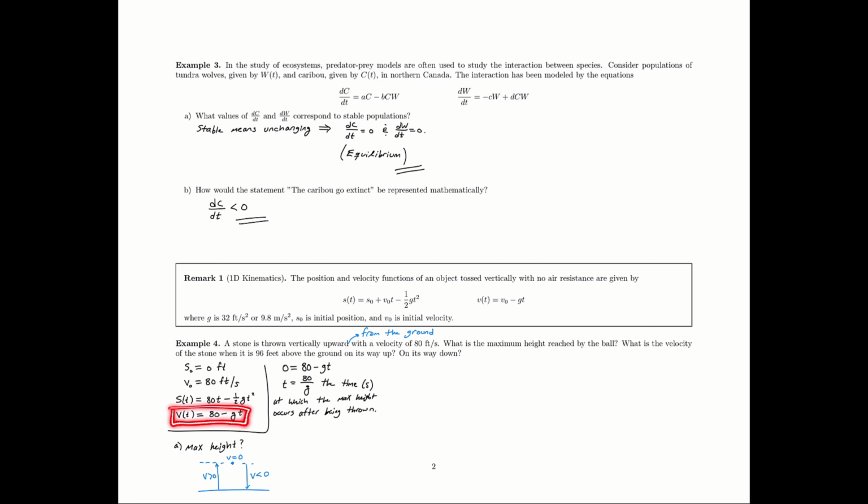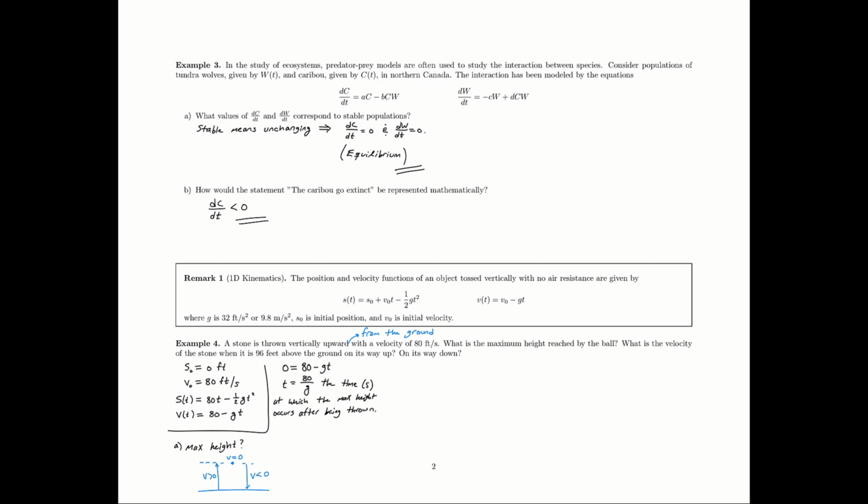We knew that the maximum height happens when the velocity is 0. So using that information, we can get a t value out. So this is the t, the time that corresponds with the maximum height. So then we can take this and plug it into the position equation to finally get our answer.